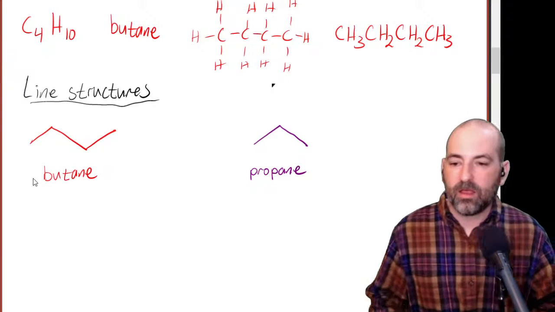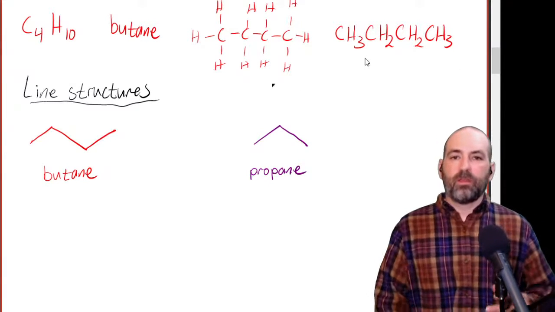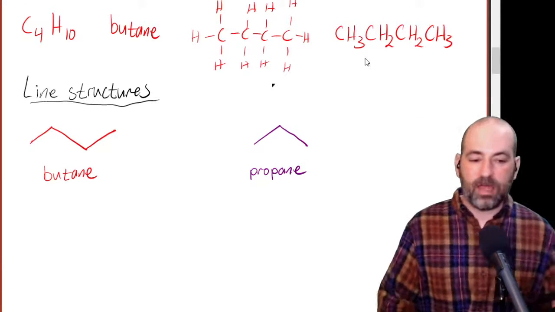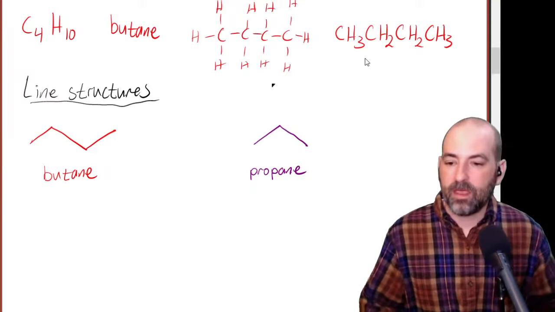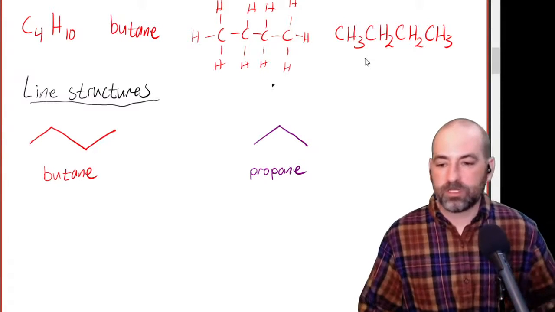So what is that? Well, with line structures, what we're doing is we're using this idea that carbon and hydrogen have this really predictable bonding. They always kind of do the same thing, so that we can make our structure diagram much more simplistic.